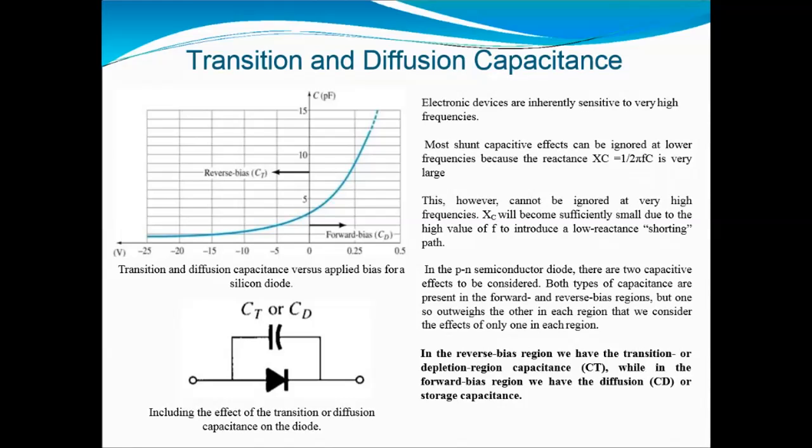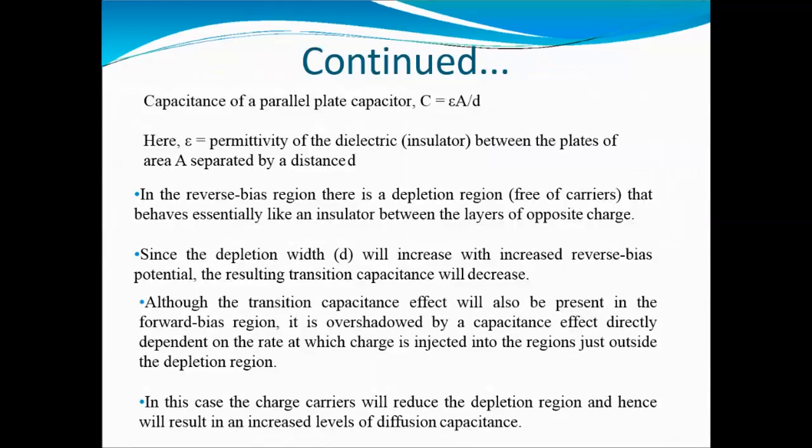Capacitance of a parallel plate capacitor, C equal to epsilon A by d. Here epsilon equals the permittivity of the dielectric insulator between the plates of area A, separated by a distance d.